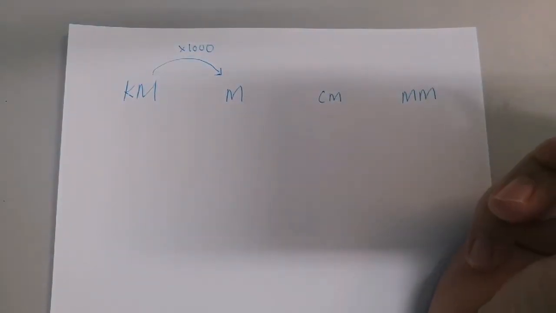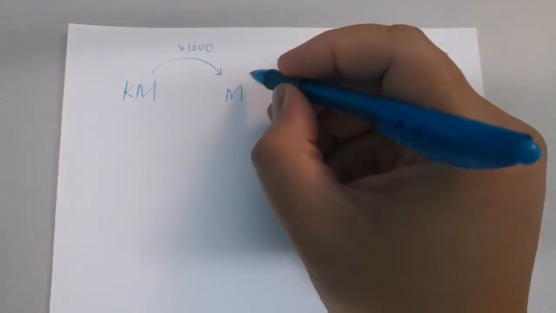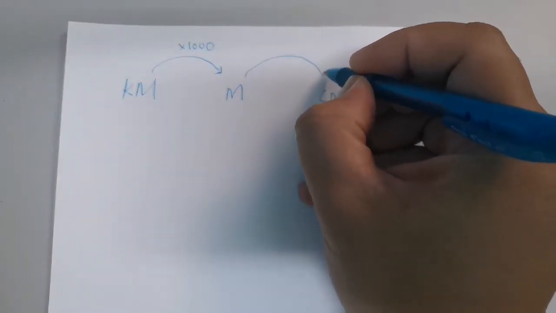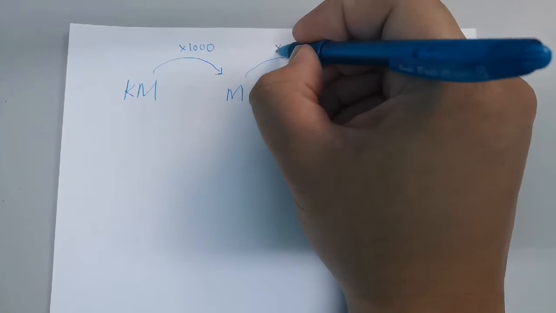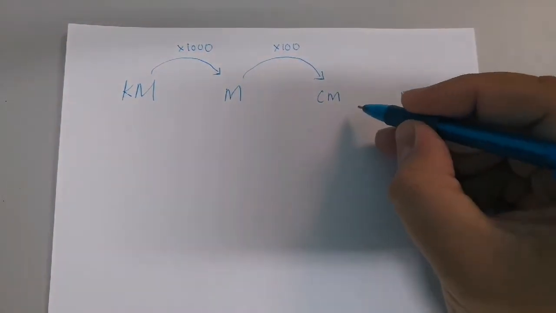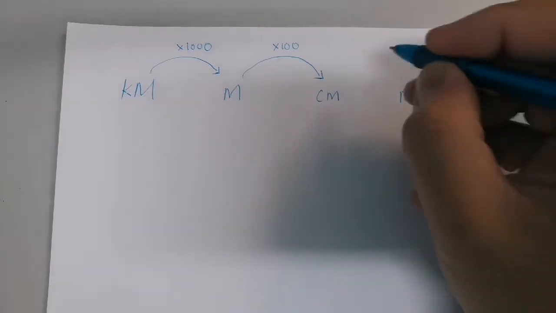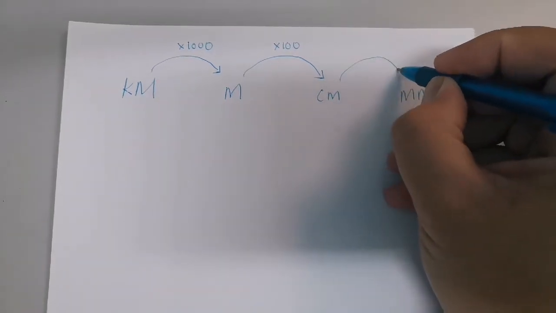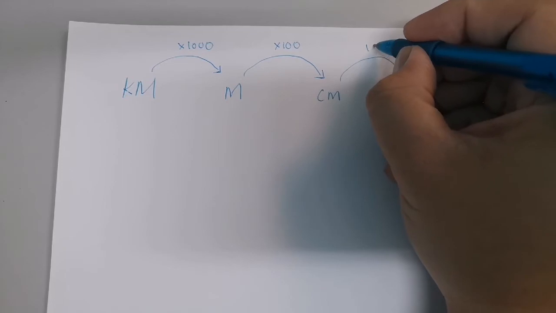Then meter to centimeter, you will need to times with 100. And then the next one, centimeter to millimeter, you will need to times with 10.